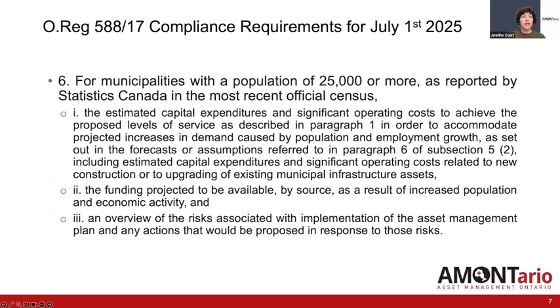You also need to consider the funding projected to be available by source as a result of the increased population and economic activity, and an overview of the risks associated with implementation of the asset management plan and any actions that would be proposed in response to those risks.